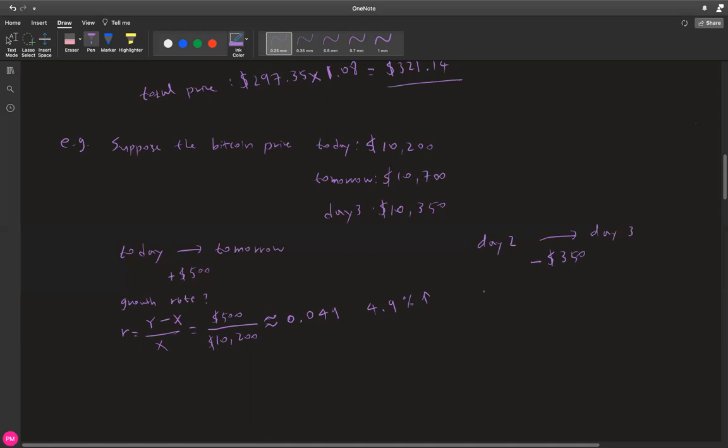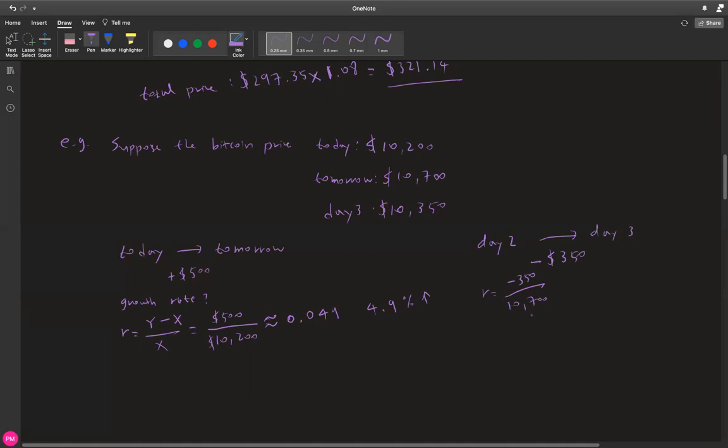To find the growth rate, we can simply do negative 350 over the baseline. In this case, the baseline is tomorrow because we're going from day 2, so this will be $10,700.